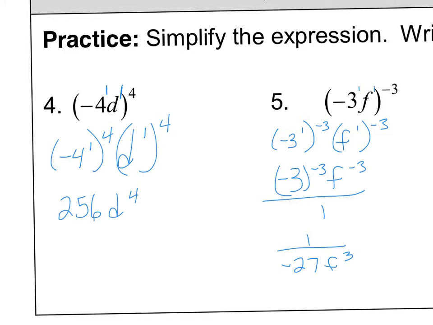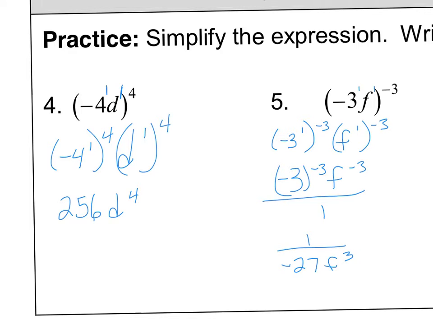We're going to have to put it down on the bottom. If we start out, we have negative 3 raised to the negative 3rd power and f raised to the negative 3rd power. So I'm going to move both of those down to the bottom of our fraction, and then negative 3 raised to the 3rd power is negative 27, and then f raised to the negative 3rd power is just f to the 3rd power on the bottom.